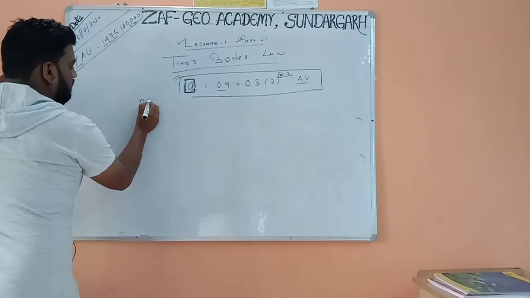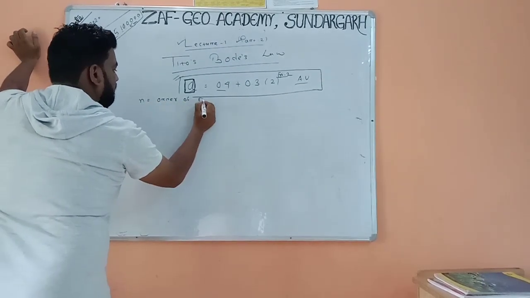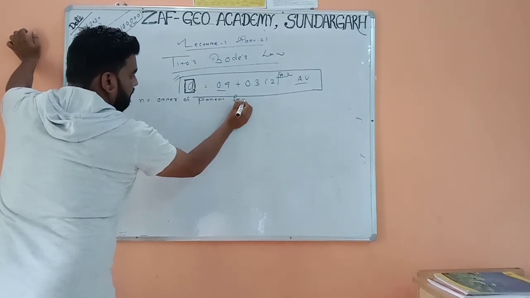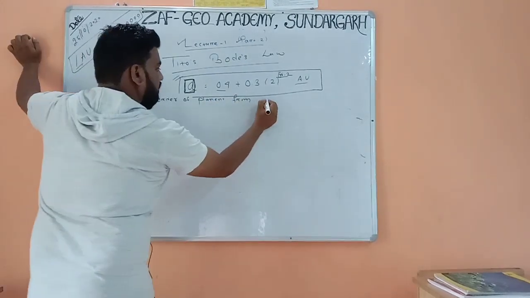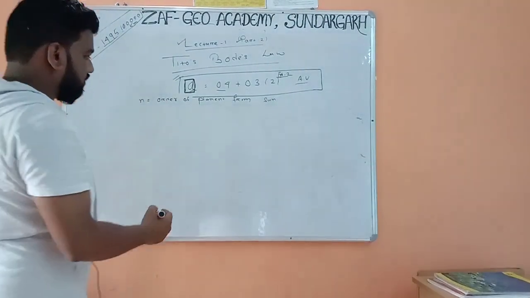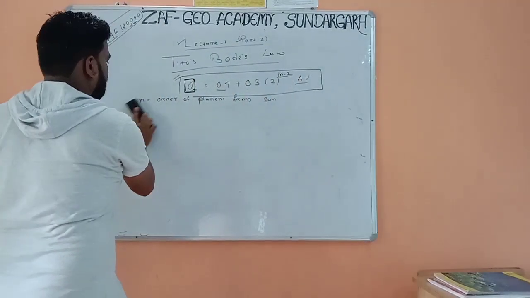So n is the order of the planet from where? From the Sun. Okay, so we know, let me erase this first.